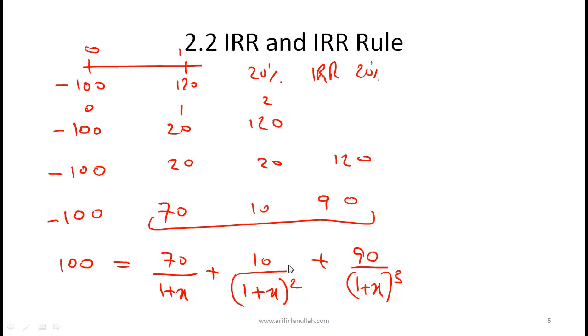Whether we actually want to sit and solve this cubic equation, we probably don't want to do that. But we know that you can plug this into a computer and solve it. So your calculator is effectively your computer. If you can give it the cash flow and know how to use your calculator, it will tell you the IRR. I'm not going to waste time solving this, but we are going to use your calculator now.